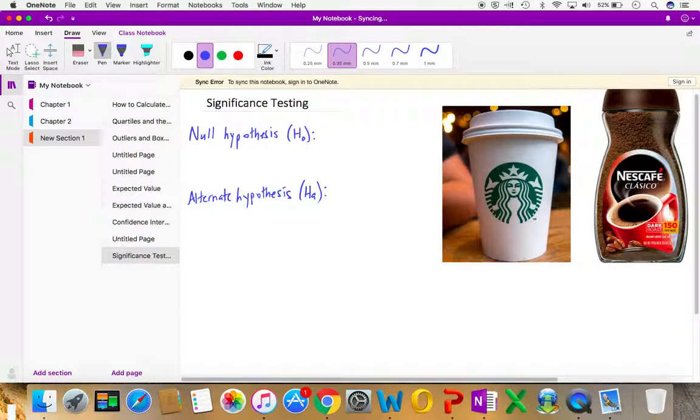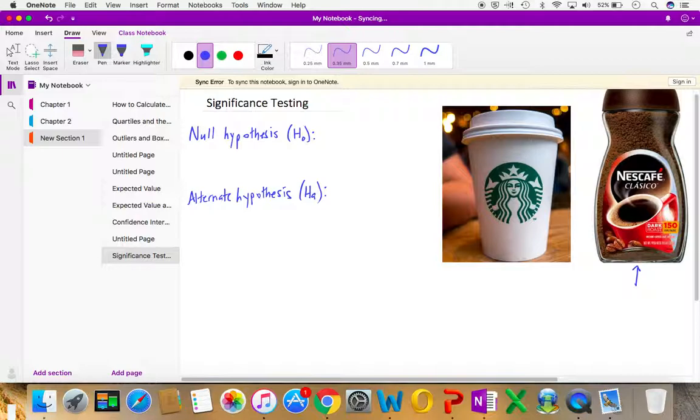I'm trying to say that this Nescafe Classico tastes just as good as Starbucks coffee, which, if we know anything about coffee, the Starbucks is obviously going to be a better option than the Classico instant coffee.